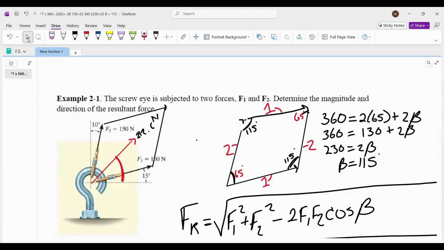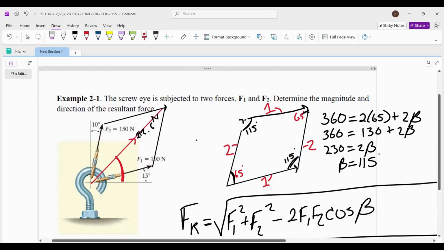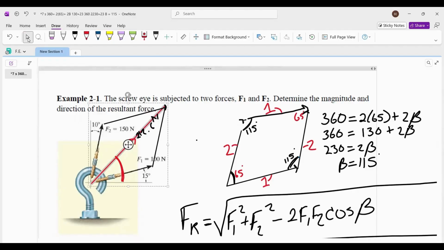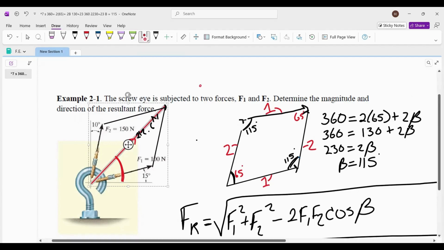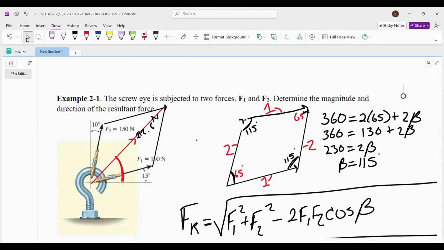So our resultant force right here moves all the way and is supposed to touch the tip of where those two meet. Why isn't it letting me? So basically, this resultant force just goes from end to end. When we draw this parallelogram, it's supposed to touch the tip.